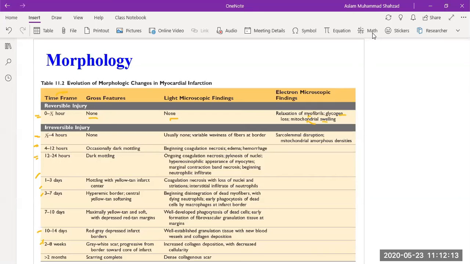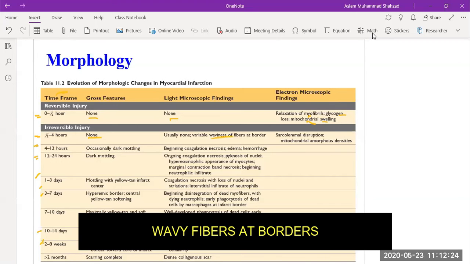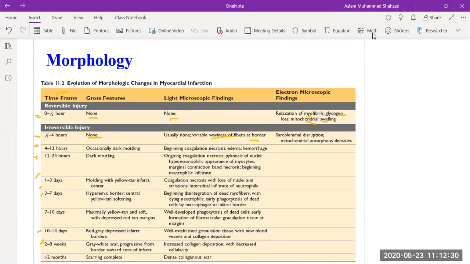But in irreversible injury, after half an hour to 4 hours, the gross feature is negligible, nothing will be found, but under the light microscope we find some wavy fibers at the border. That is the key microscopic finding, the wavy fibers at the borders, and it is the key characteristic to identify that the patient has a myocardial infarction.